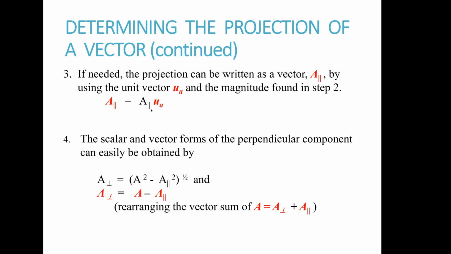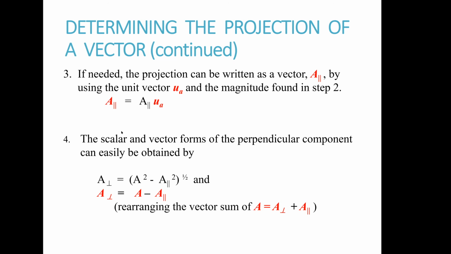So the parallel component essentially is basically the x component of the vector if you're using x and y axes, but just in general, the general expression is the magnitude times its direction, okay? Like I said, if this was I, this would just be AX, right? This would be the vector AX in the direction of X, okay?